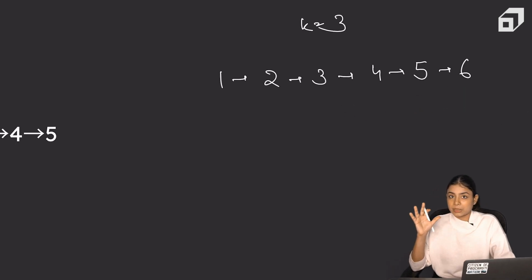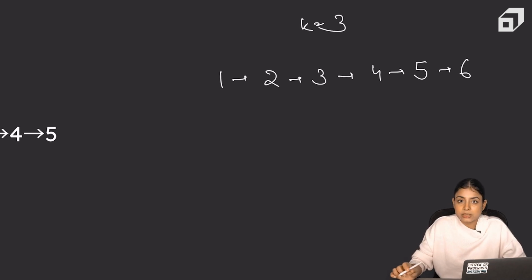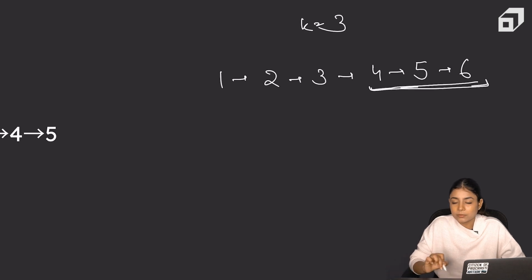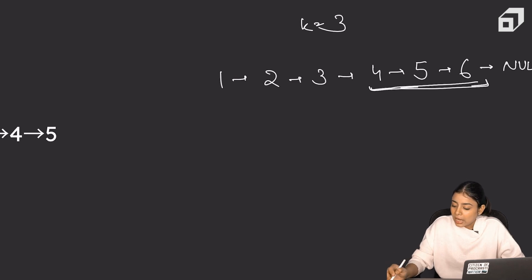Let's move to the implementation part. How exactly will we do this? If we are given k equal to 3, first of all, to move these nodes to the beginning, I need to change some links here. Currently 6 is the last node and it is pointing to null, but after shifting by k, I know that these k nodes will come in the front.